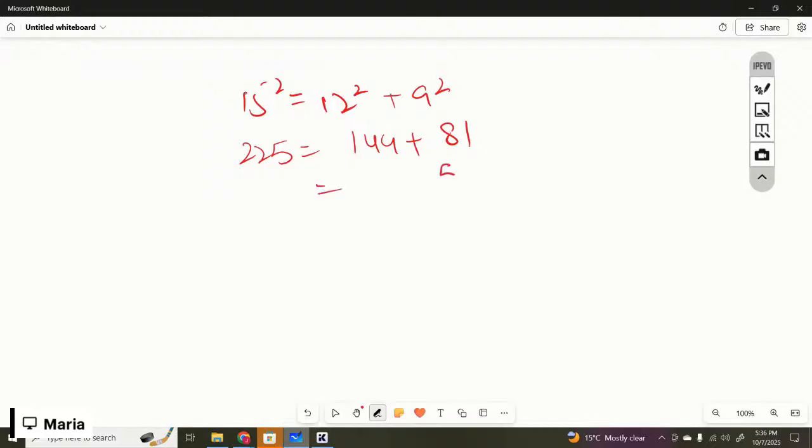144 plus 81 is 225. So both sides are exactly equal. So then that is a right triangle.